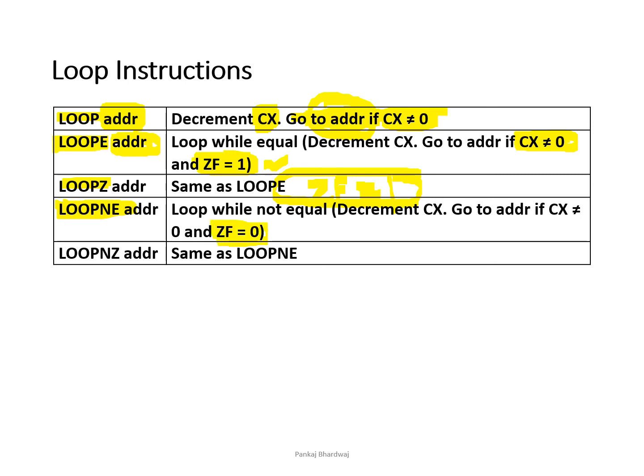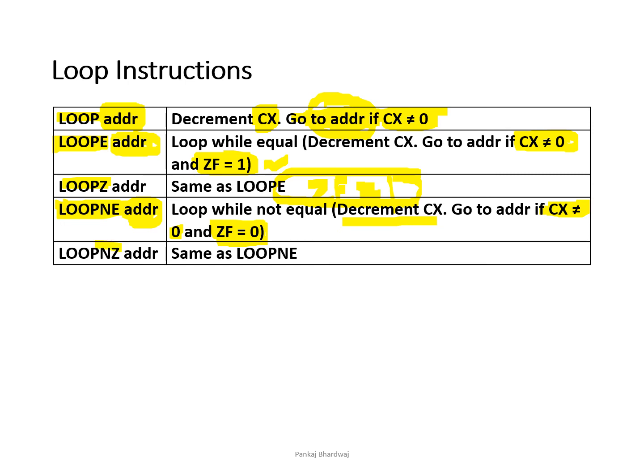So zero flag equals 0, that means not equal, and CX is not equal to 0. Both conditions must be true, then only we move to the address. So first decrement the counter in CX, then we check whether it is 0. If it is not, then we check the zero flag. If this is also 0, then we fetch the next instruction from the address provided in the instruction.